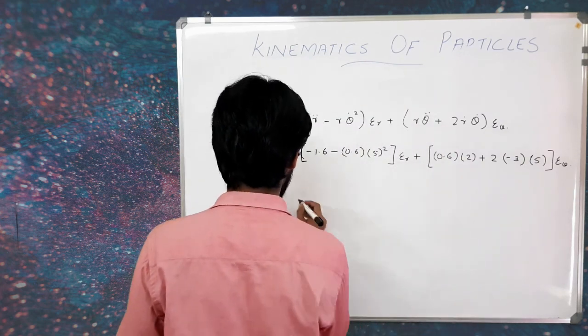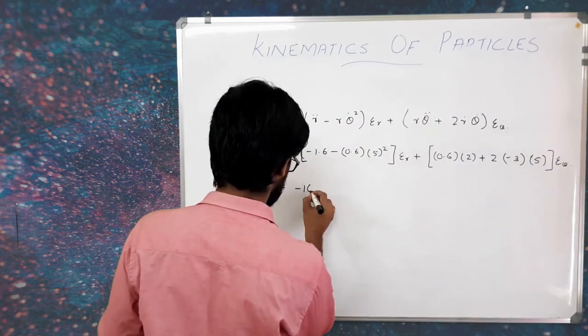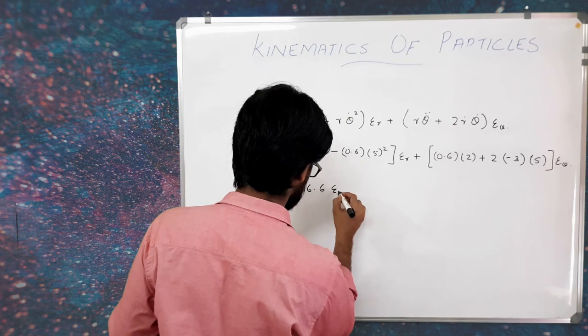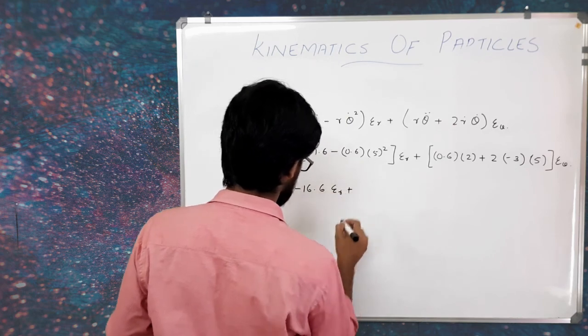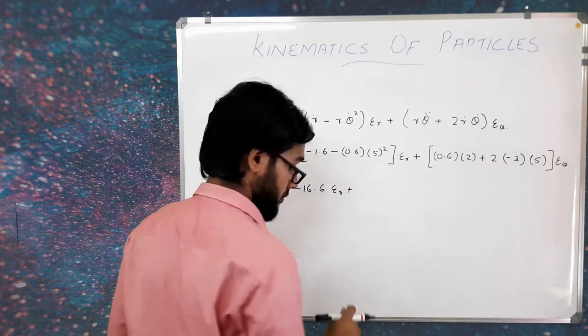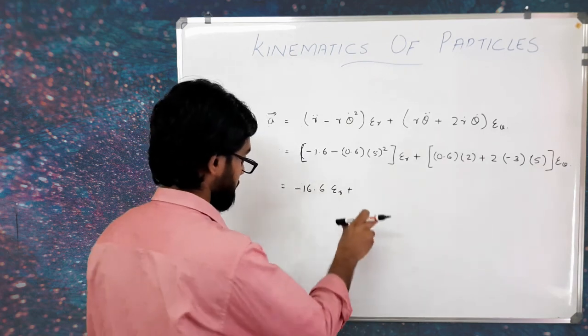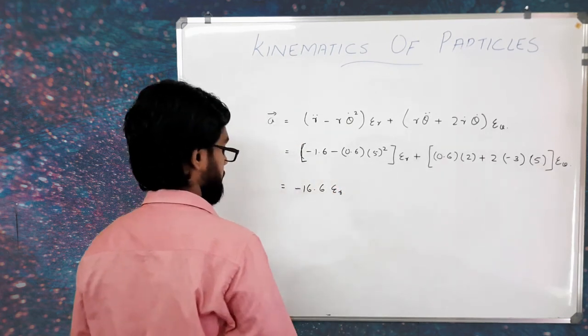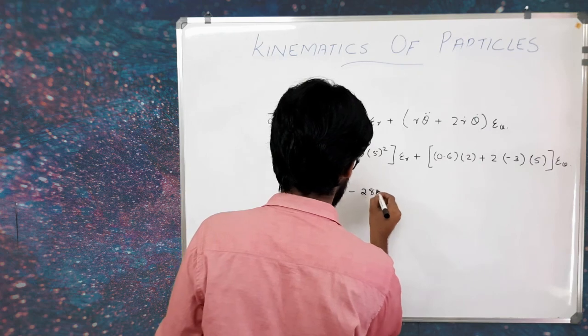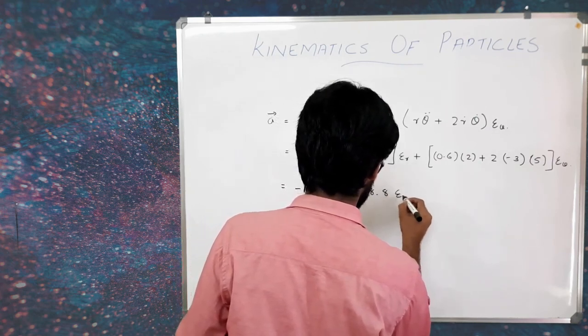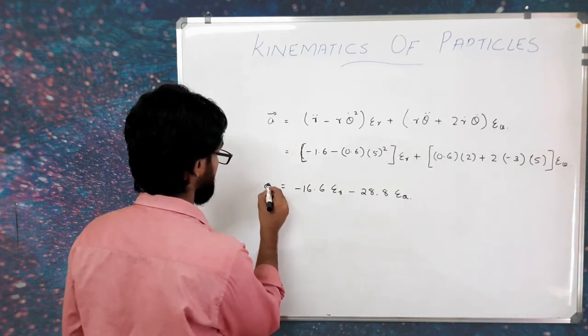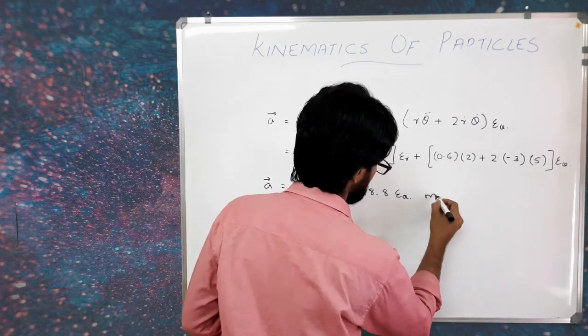So this will give you a value of minus 16.6 epsilon r minus 1.8 epsilon theta. This is the value in meter per second square.